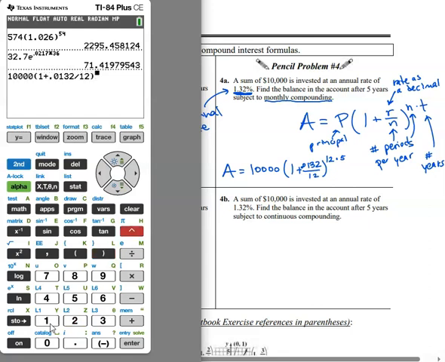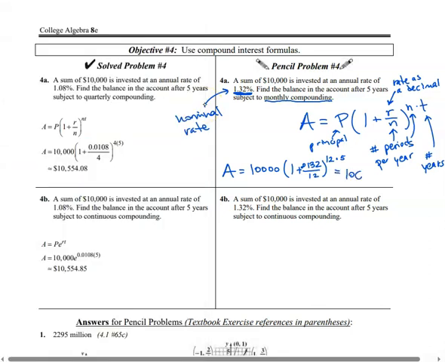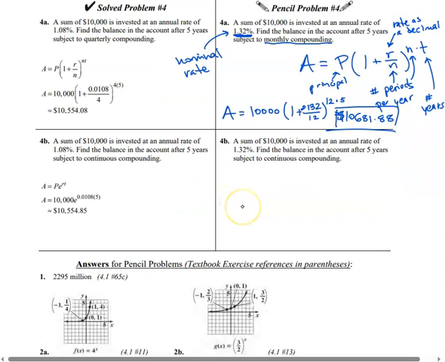This whole quantity goes to the 60th power, and after 5 years, that's not paying the bills, is it, to only gain about $600 in 5 years, but that's what it is: $10,000, $10,681.88. $1,681.88, that's the balance.